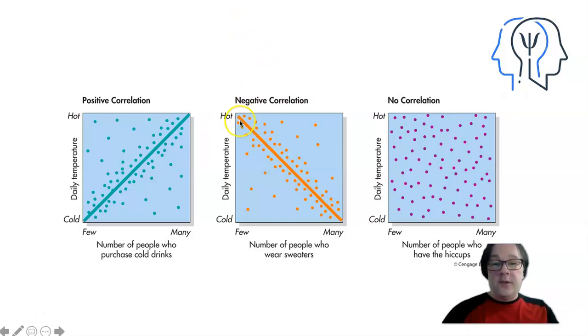And again, if we only had a straight line there, and we didn't have all these data points around it, we would assume that that is a perfect negative correlation, or -1 correlation. It's just as strong as the positive 1 correlation. It's just in a different direction. And then, of course, we have a correlation of 0, an R of 0, right? Which means there's nothing going on there.